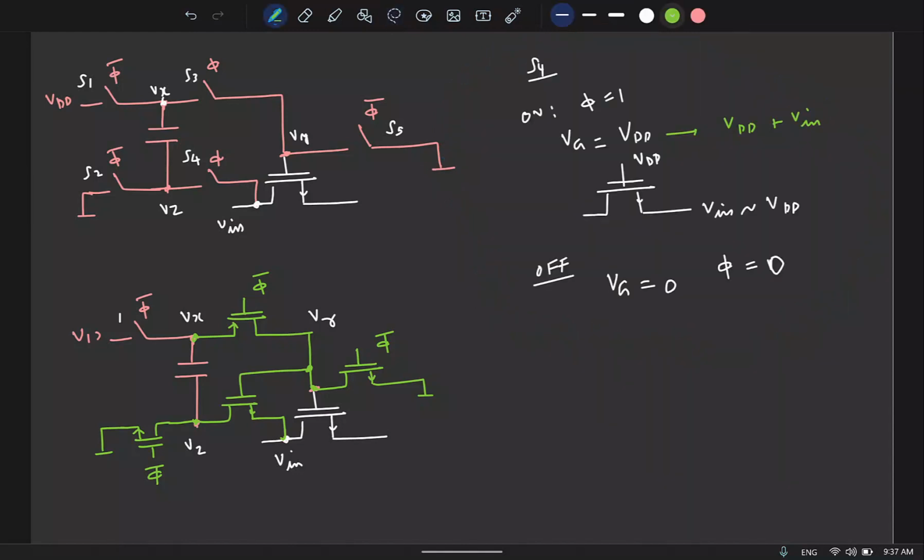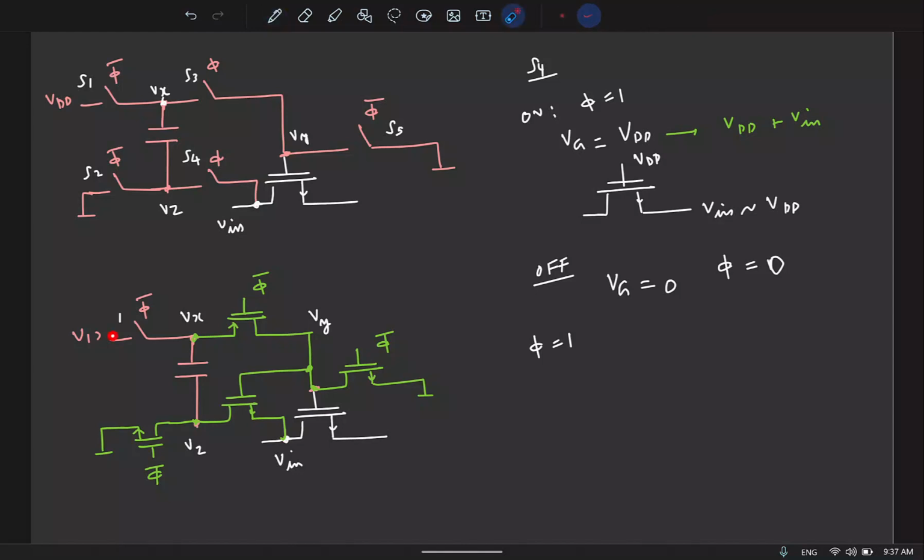The issue is when the switch is getting turned on, right? So let us say the switch is on now, that is phi is 1. Remember, before the clock phi becomes 1, it is 0 initially. This is Vz, sorry. Before phi is 1, the phase was phi is 0.